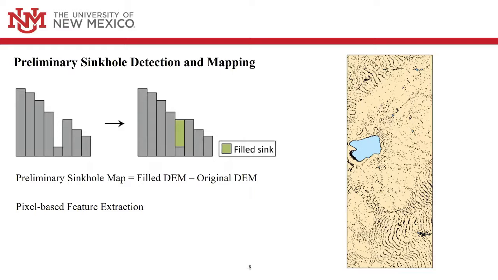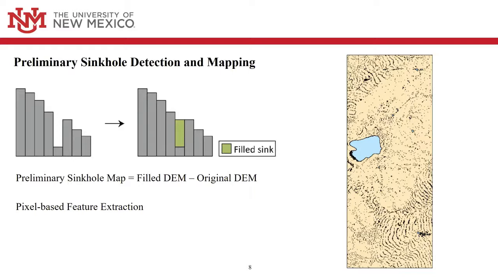We fill the sinks first, and then use the filled DEM to subtract the original DEM to detect where all the filled sinks are. So this is a different route to detect where the lowest points or the sinks could be. This way we can do a pixel-based feature extraction. Like I said, we fill the DEM first, and then we use the filled DEM to minus the original DEM.